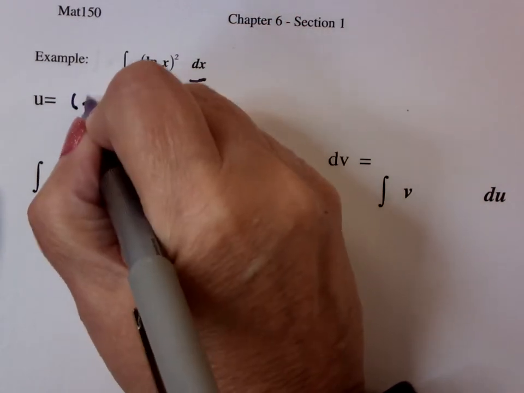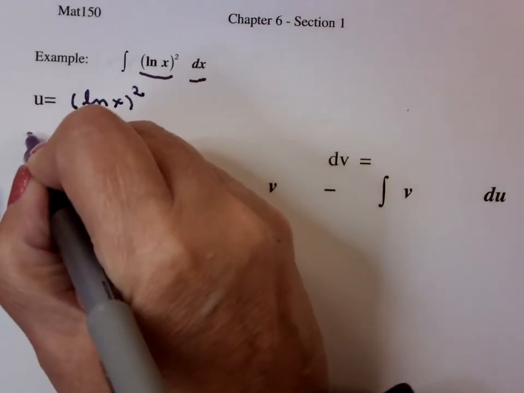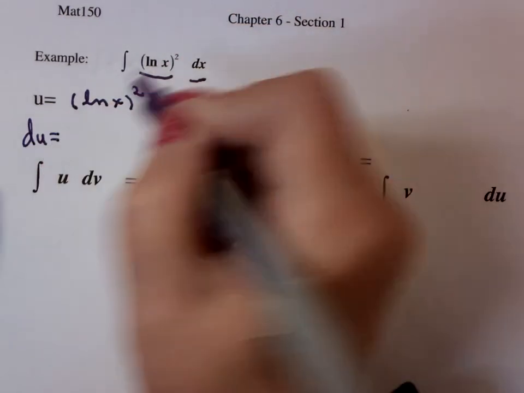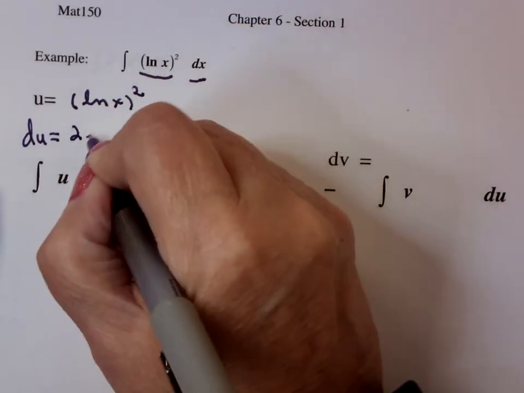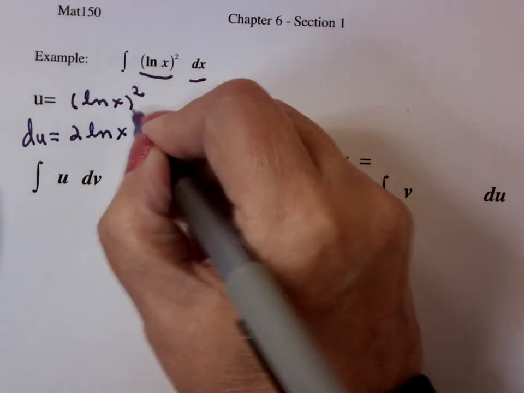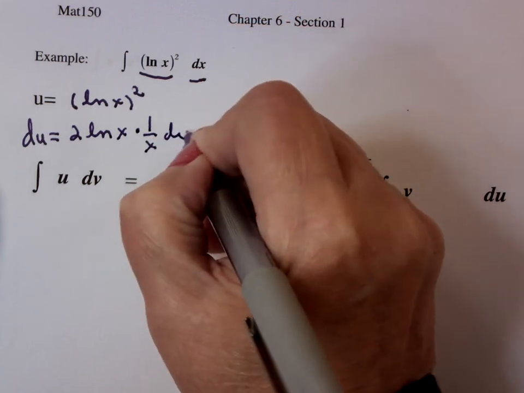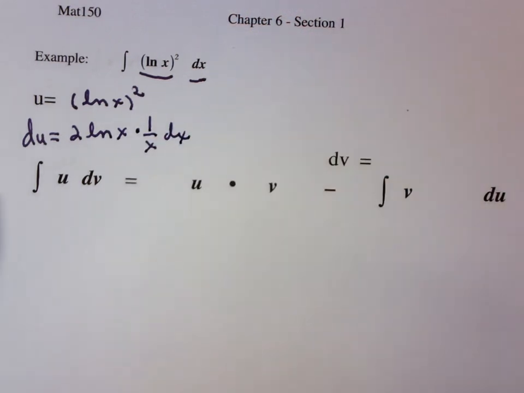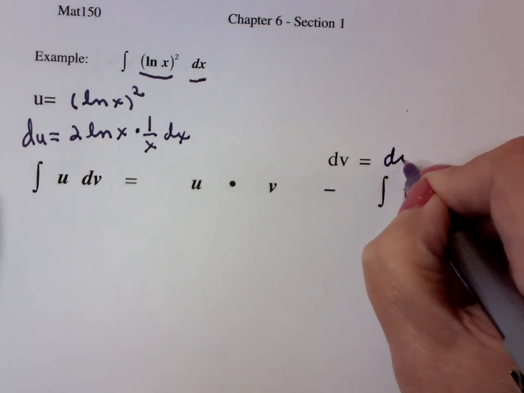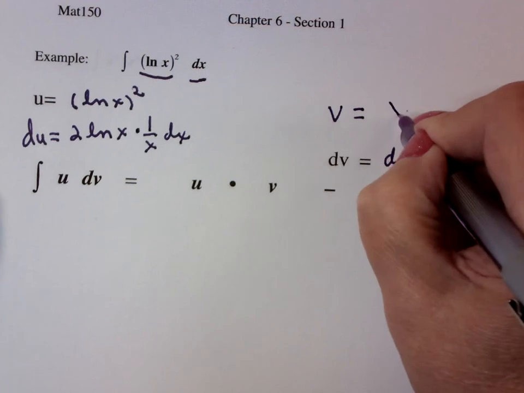So u is going to be the natural log of x, the quantity squared, so that du is 2 times the natural log of x times the derivative of the natural log of x, which is 1 over x dx. dv is just dx, so that v is equal to x.